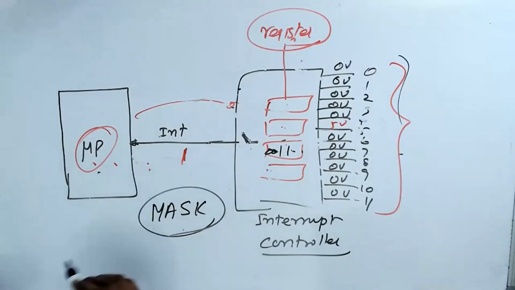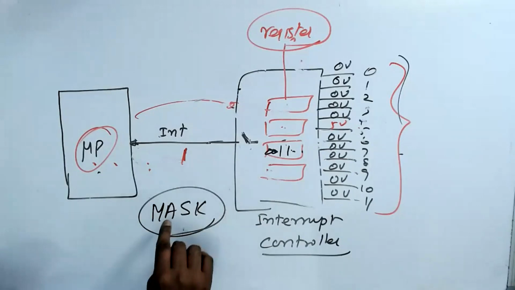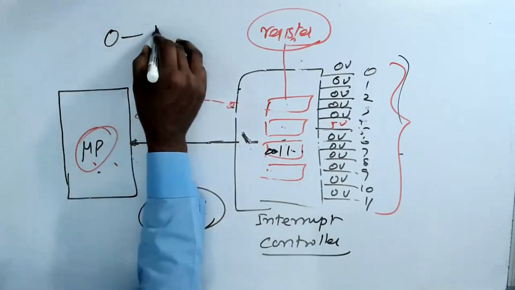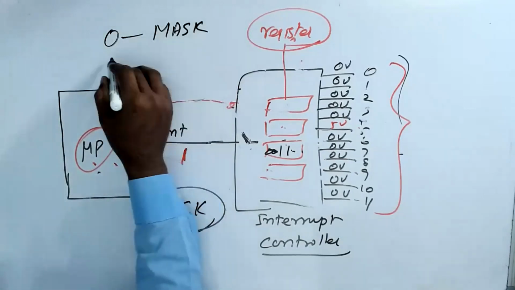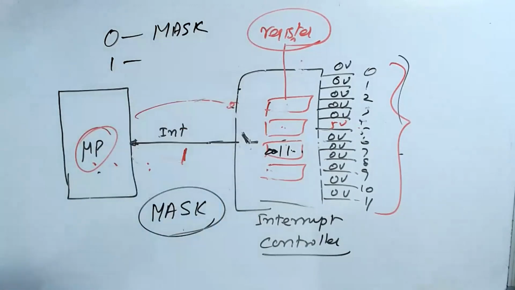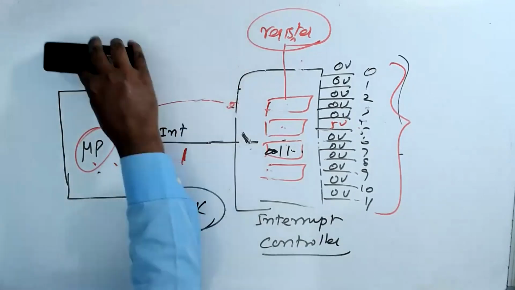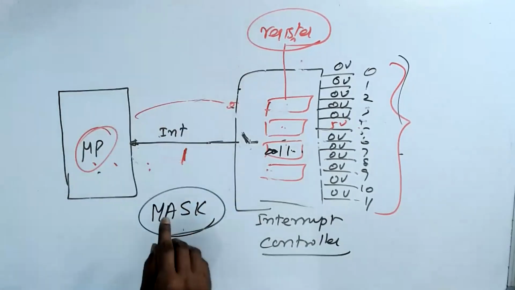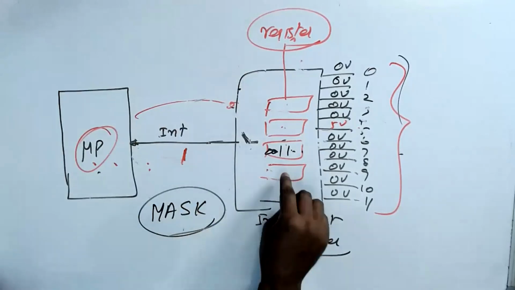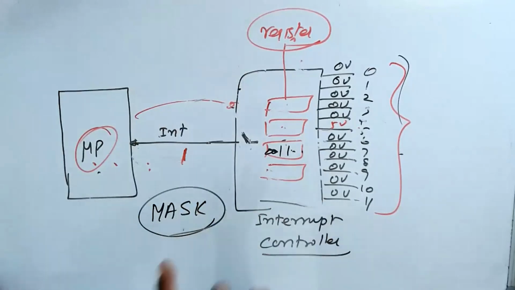We use the word mask. Mask means block. If you put 0 on everything, then it's masked. 1 means unmasked. So masking the interrupt means disabling the interrupt, and I can mask any individual interrupt. That is possible.